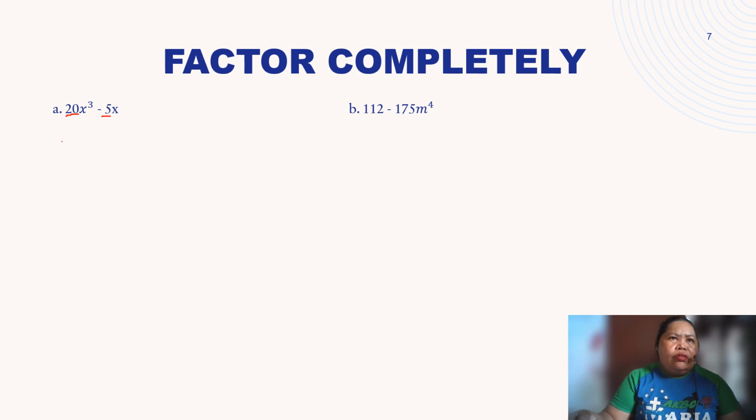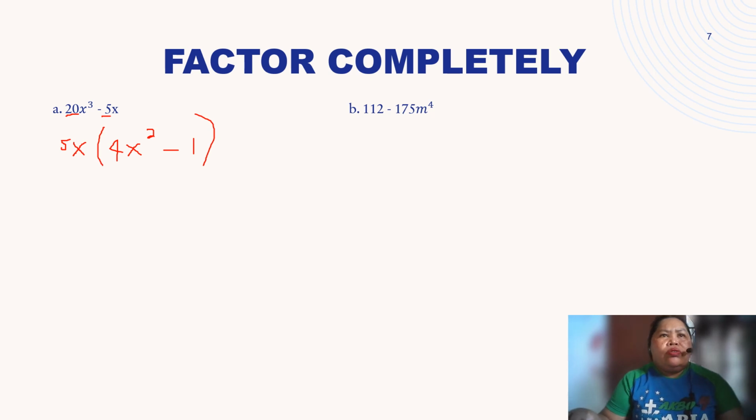So we got here 5x. That's common. And then 20 divided by 5 is 4. So 3 minus 1 is 2, so we have 4x squared. And then we have here 5x divided by 5x, so this is minus 1.